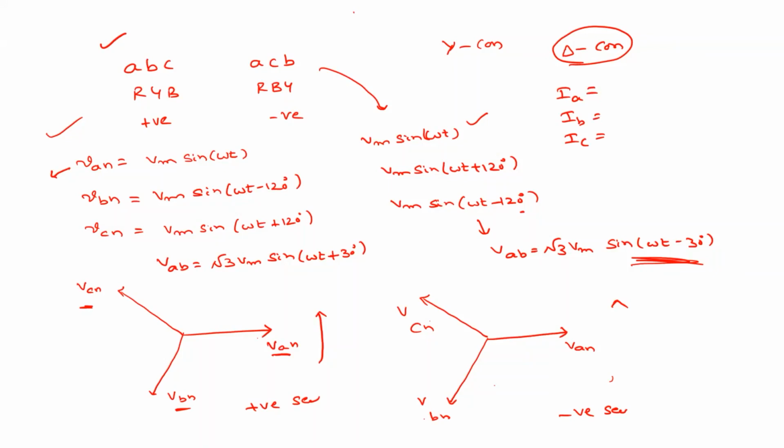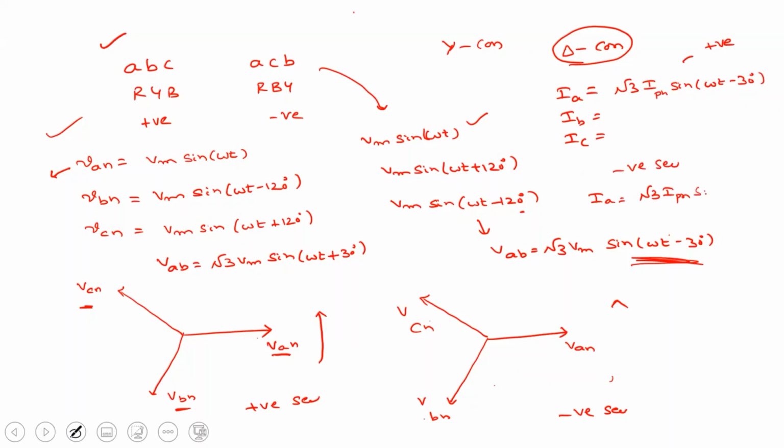This IA will be root 3 I phase sine omega t minus 30 degrees for positive sequence. Similarly, for negative sequence, this IA will be root 3 I phase sine omega t plus 30 degrees.